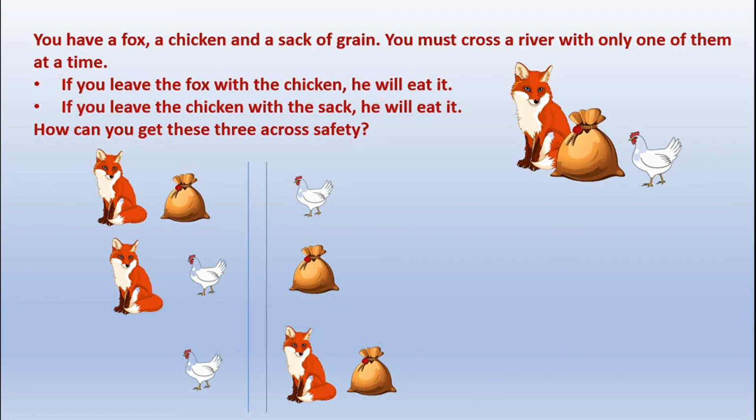Leave it on the other side with the sack. Then finally go back over the river, get the chicken and bring it over. Now the fox, chicken, and the sack are all on the other side of the river. This is how we can get these three across the river safely.